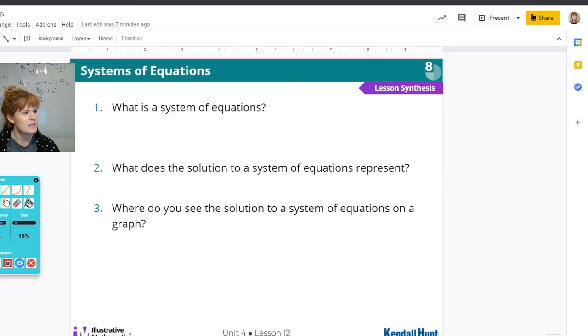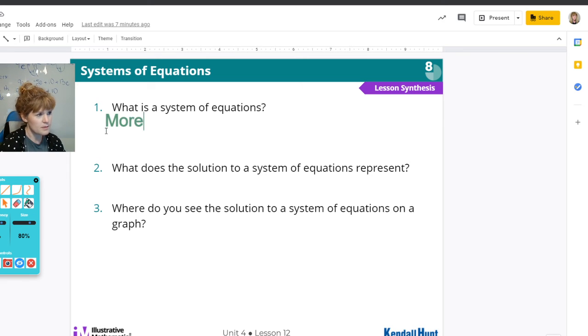What is a system of equations? I've said it already a few times in class, but now let's make sure you've got it down. So get your pencil ready and write this down in your math notebook. What is a system of equations? It is, oops, my text tool stopped. Let me try again.